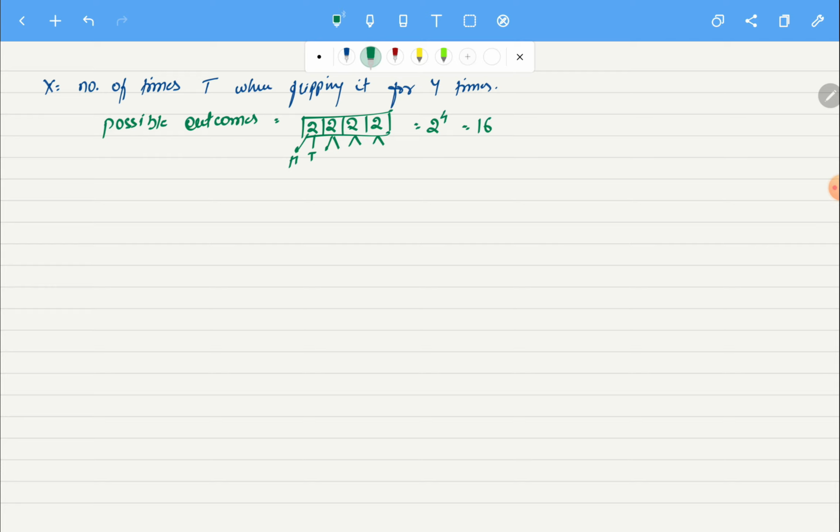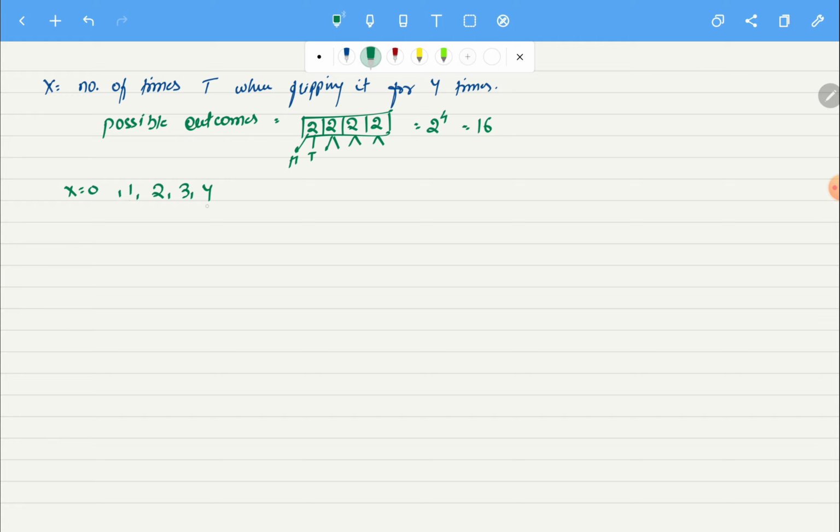Now we want to see the number of times we get tails when flipping a coin 4 times, right? So the possible outcomes: x can be 0, x can be 1, 2, 3 and 4. So there can be 0 tails, 1 tail, 2 tails, 3 tails.